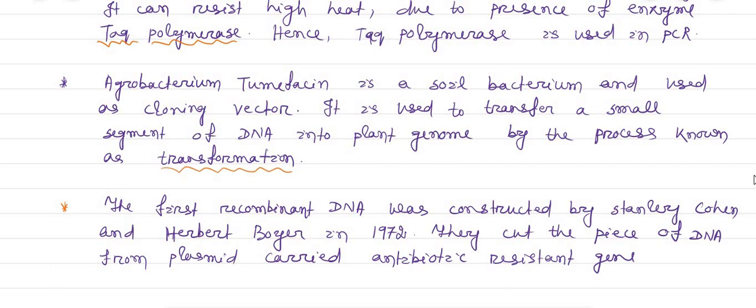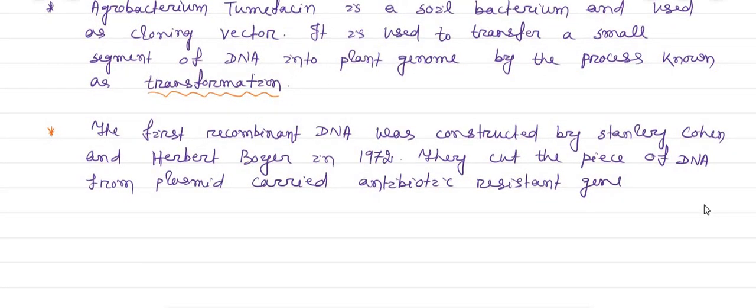They cut a piece of DNA from a plasmid. You know that a plasmid is extrachromosomal DNA present in bacteria, and it carries an antibiotic resistance gene. And where is this gene found? In the bacterium Salmonella typhimurium.